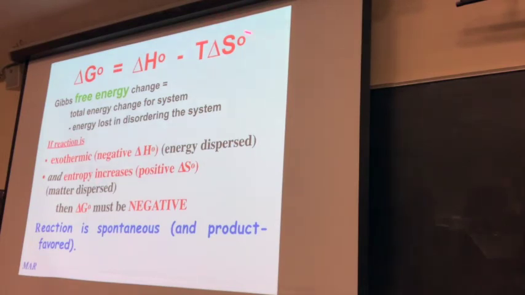Entropy increase means delta S is positive, but you multiply it by negative T. Both of these are going to be negative terms. That's going to make delta G negative. So unlike the entropy of the universe, if a reaction is going to go, then the delta G is going to be a negative value. So in chemistry, we look for negative delta Gs. And if you have a negative delta G, that means your reaction is going to go. It's spontaneous, it's product favored, all these kind of terms we've been throwing around. That's if your delta G is negative.